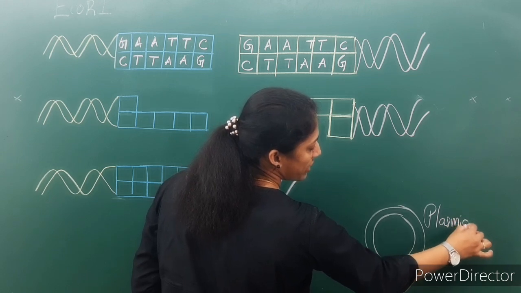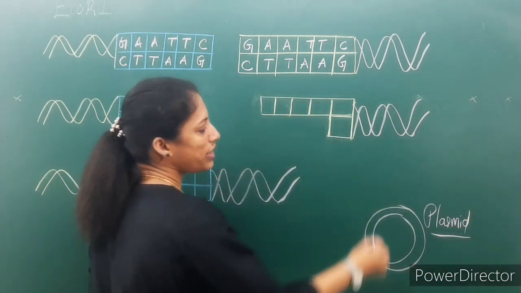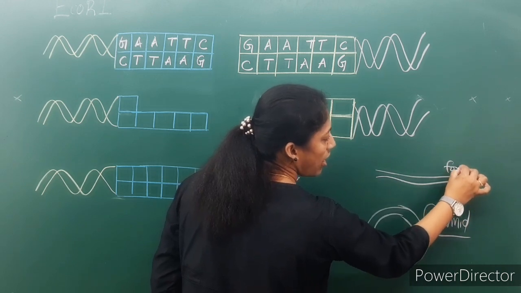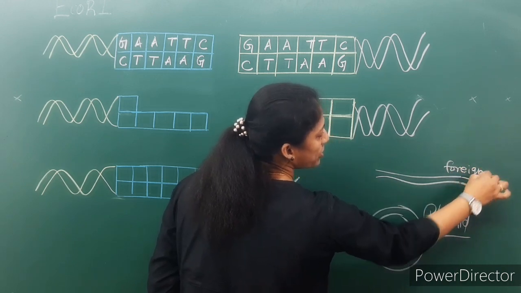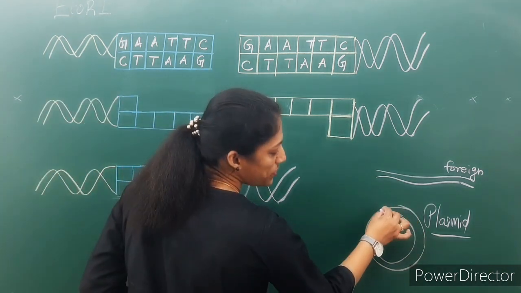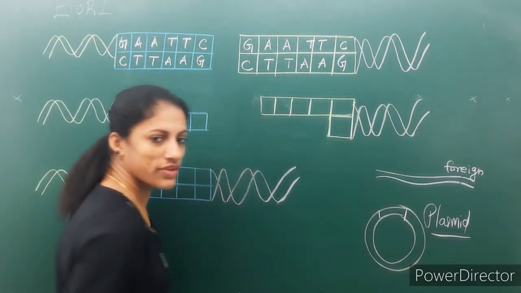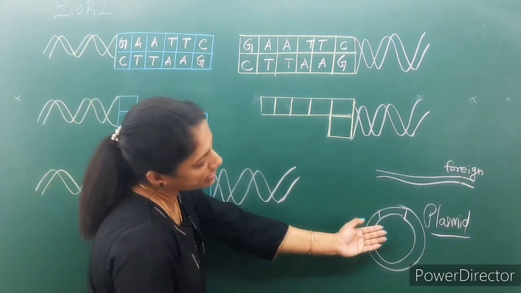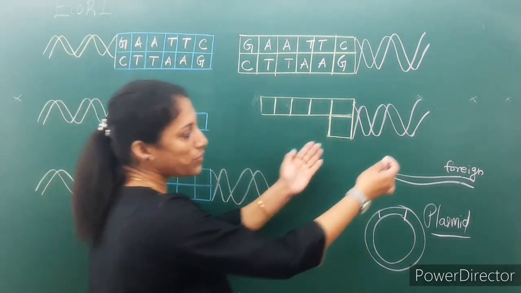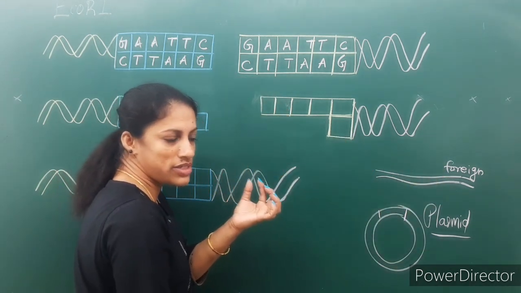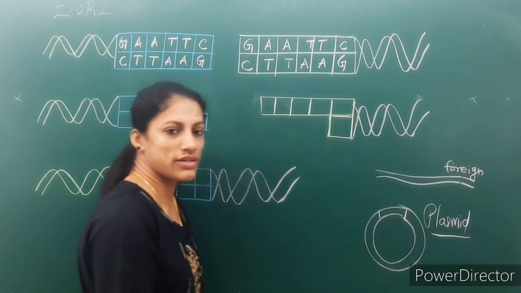Suppose this is a vector DNA, and suppose this is our DNA, the DNA which we are going to introduce. Then the plasmid we need to cut first, then only we can insert our DNA. The plasmid DNA we have to cut, and also the foreign DNA we have to cut and take that particular segment and then insert it here.